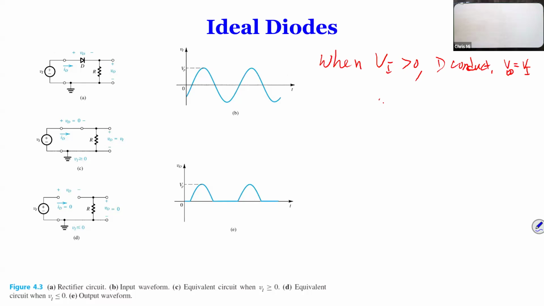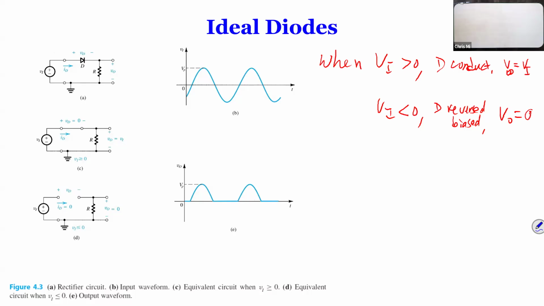But when VI is less than 0, D is reverse biased. So therefore, how much is VO? Well, reverse bias means no current. No current in the resistor, therefore the voltage across the resistor will be 0.